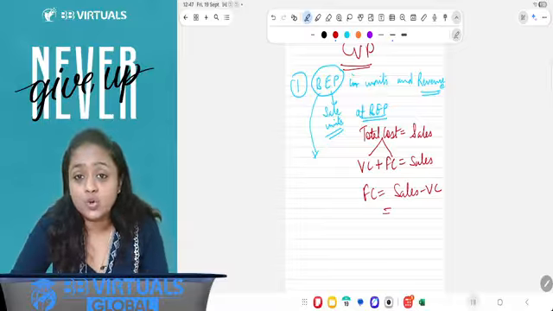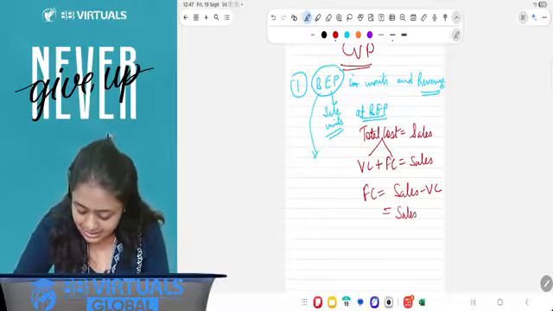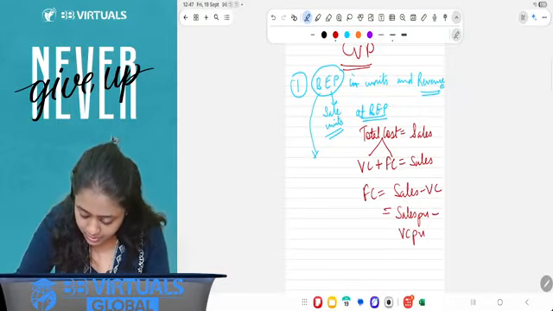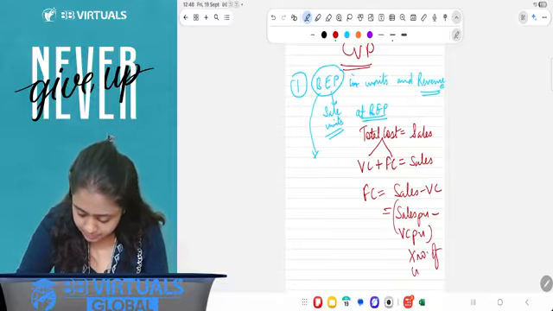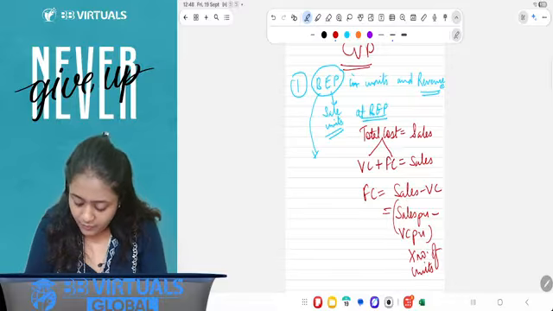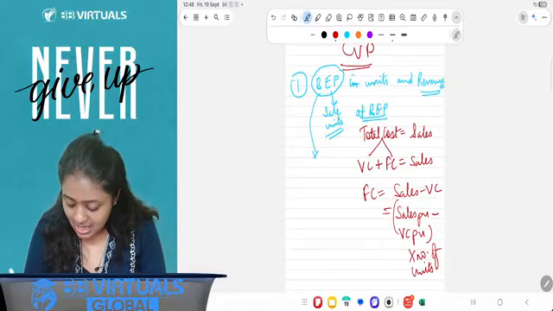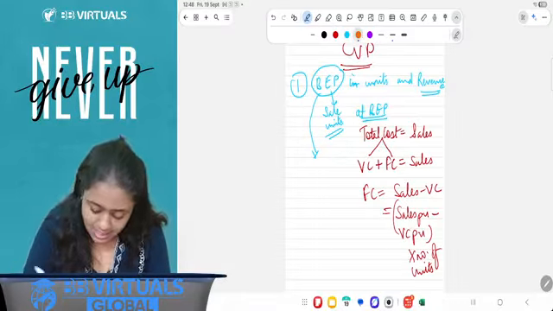If I take out the units, then I can say that sales per unit less variable cost per unit multiplied by number of units will give me the fixed cost. I'm just elaborating the formula, nothing else. I want to know this number of units.